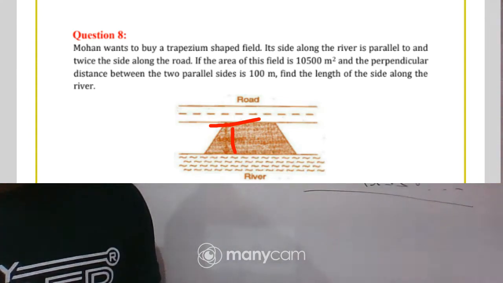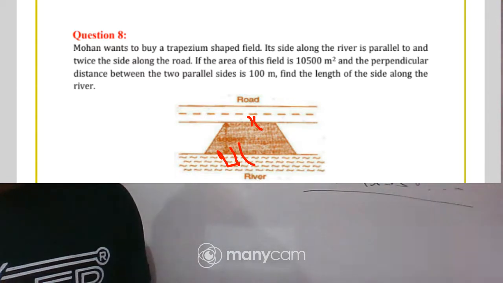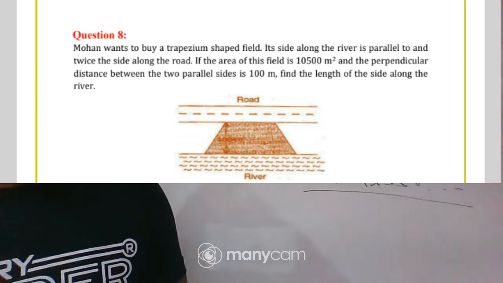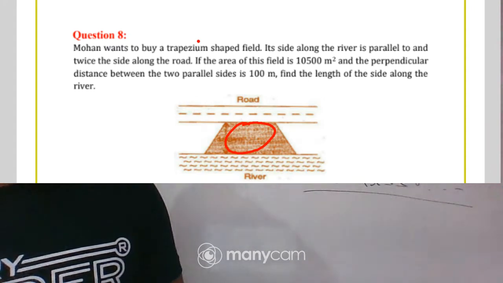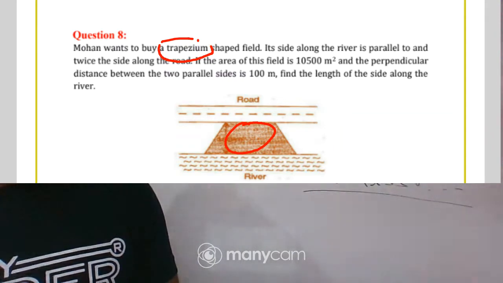We let the road side be x, and the river side is 2x. The road and the river are parallel to each other. Here this figure is made, and this shape is a trapezium. Here it is mentioned that this is trapezium shaped.